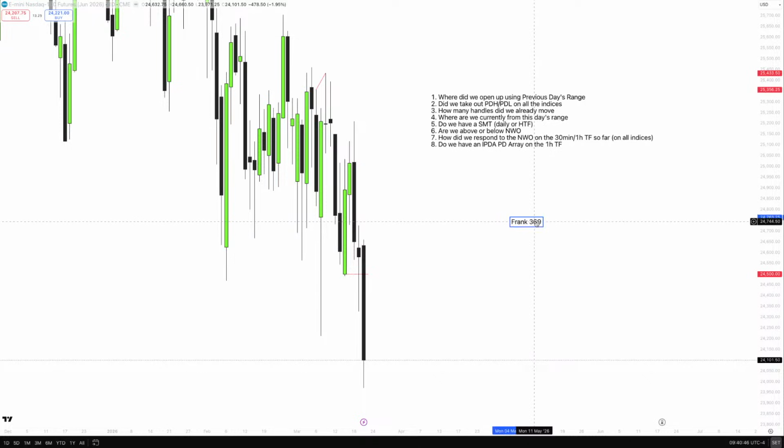So the logic behind 369 is what I mean with IPTA. The logic behind 369 is timing in the market. So whenever we have a time that adds up to either 3, 6, or 9, that is an IPTA time. So let's say, for example, 9:30.